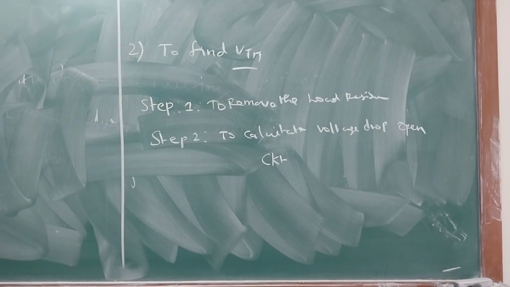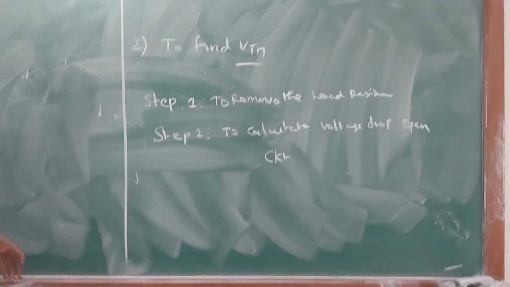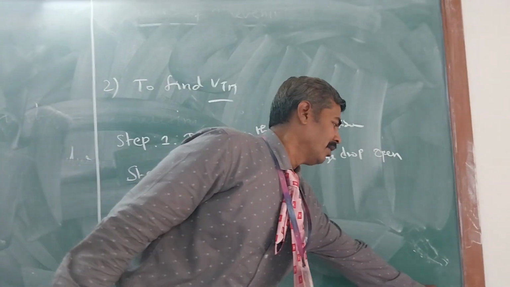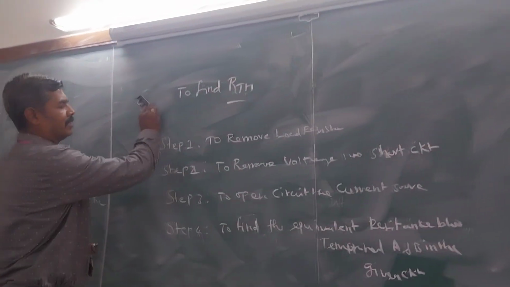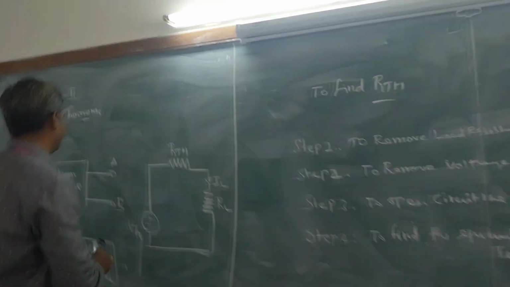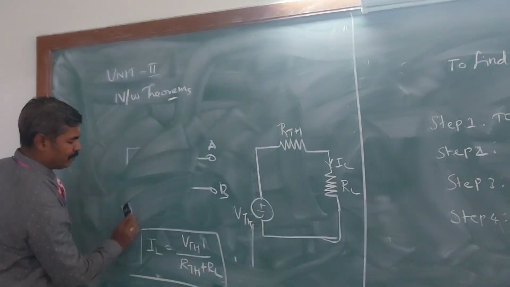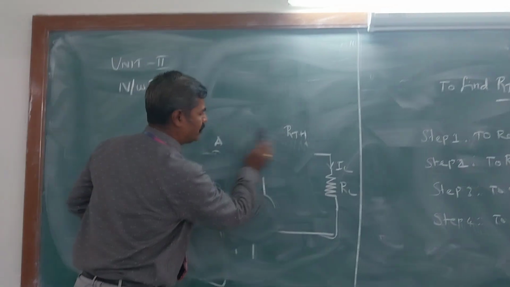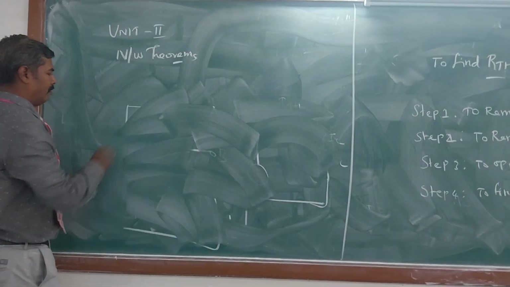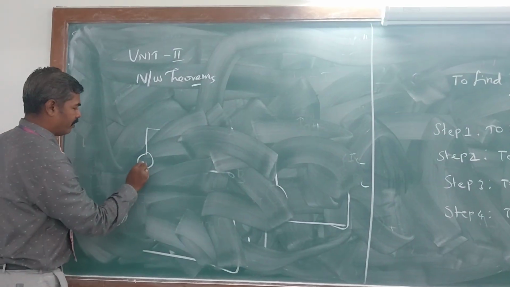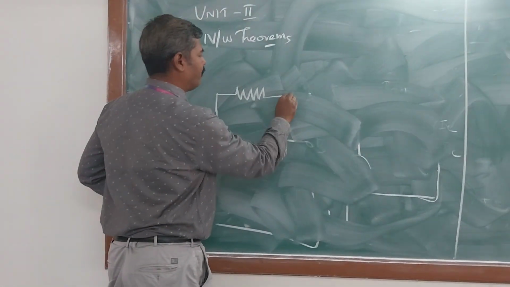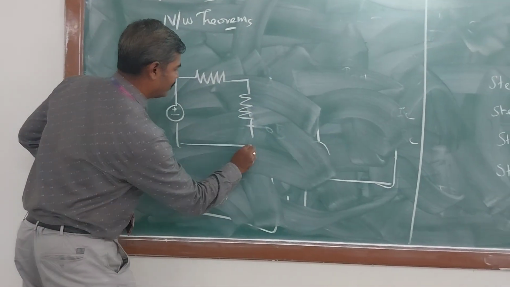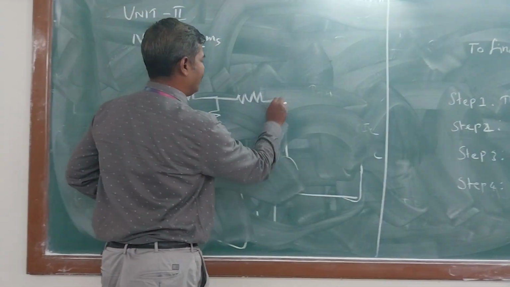Next we will see an example problem to find the VTH and RTH. We have taken a simple problem for finding the Thevenin voltage and Thevenin resistance. This problem consists of 3 loops. This is an example problem.